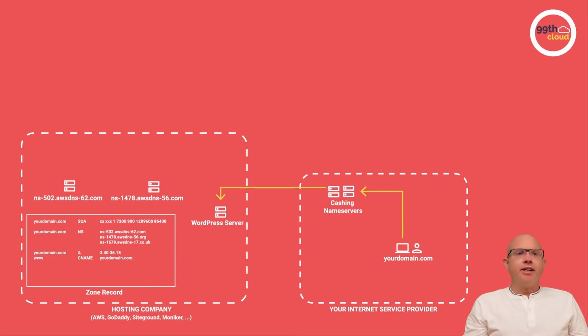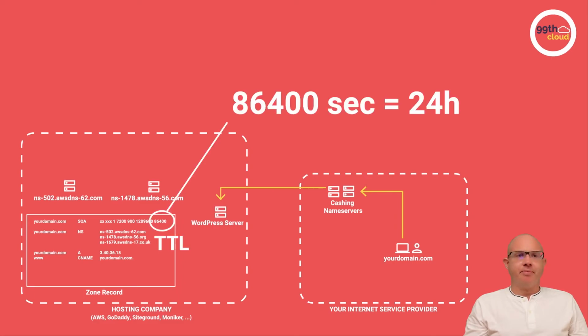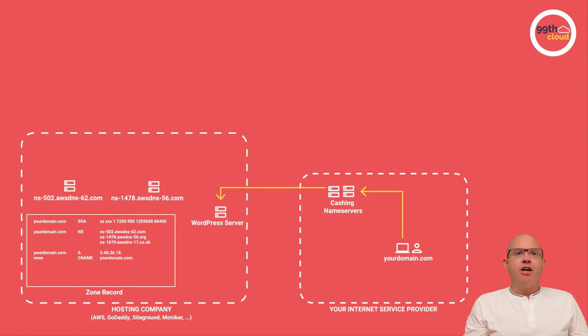Now, the zone record has a so-called time to live configured. This can be set to 5 minutes or to several hours. The time to live, also called TTL, will indicate when the name servers at the ISP should update their local record.